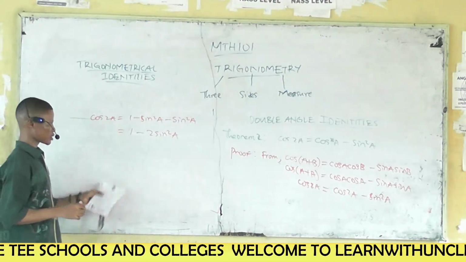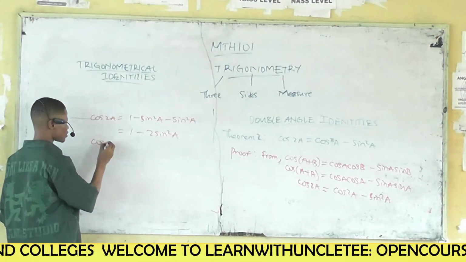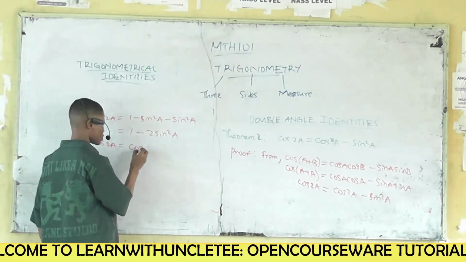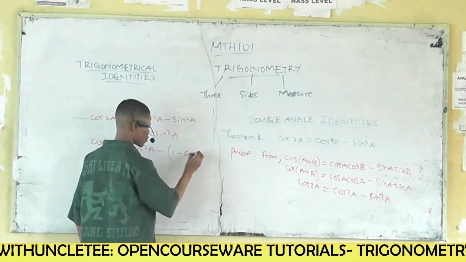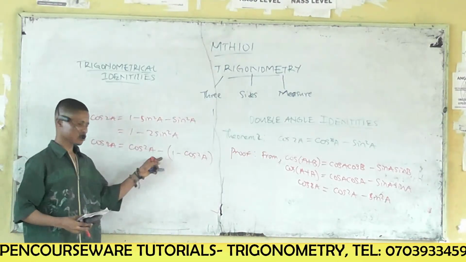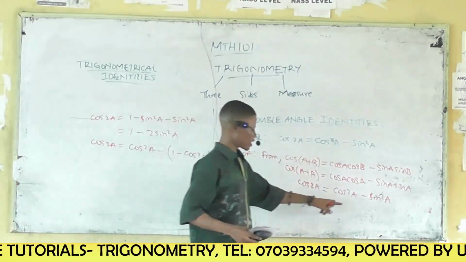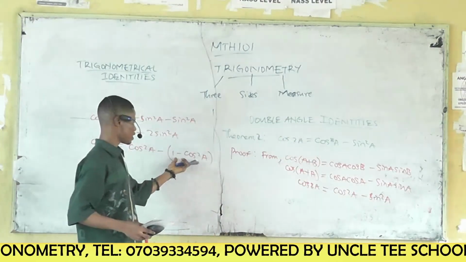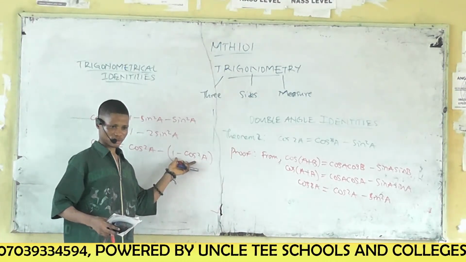So you are going to put it under it also. Also, you can generate your cos 2A to be equal to cos square A minus open bracket 1 minus cos square A. Because of this negative, I'm going to put brackets, because this negative belongs to sine square A. Okay? And I told you that sine square A is equal to 1 minus cos square A, right?